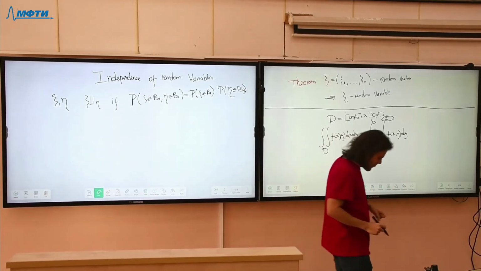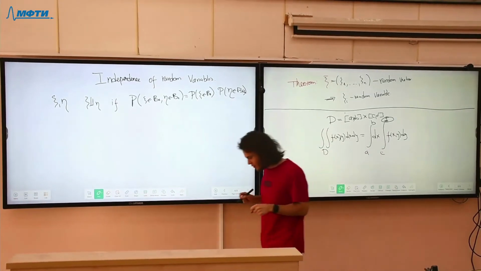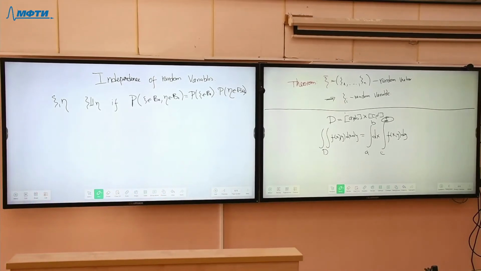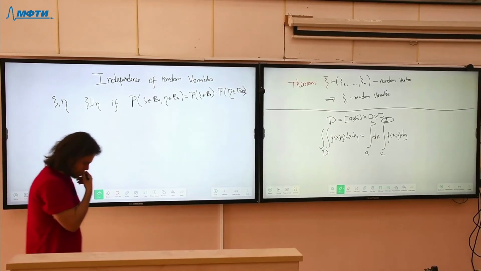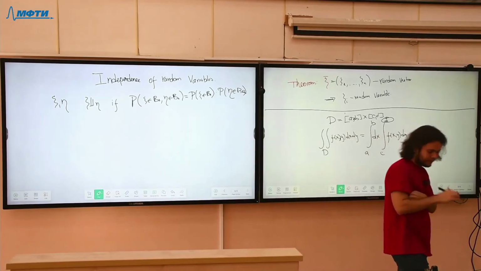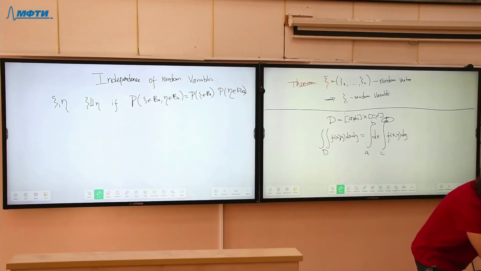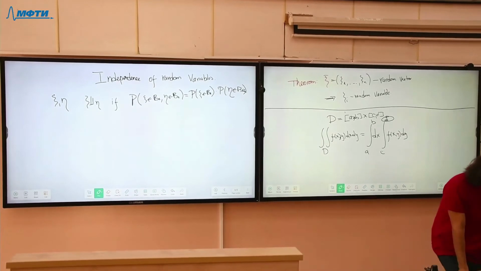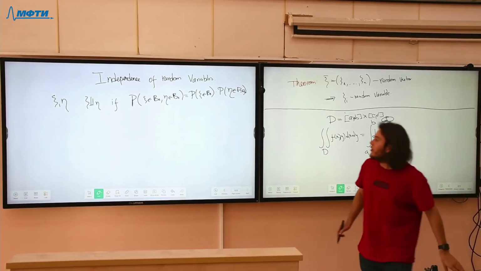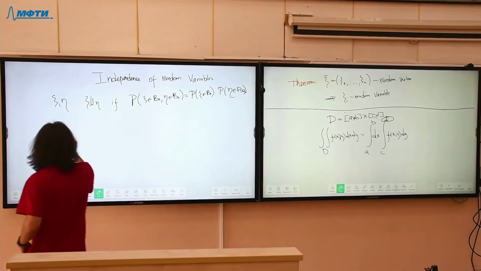Okay. So we can do this for any number. We can do exactly the same if we have n random variables.